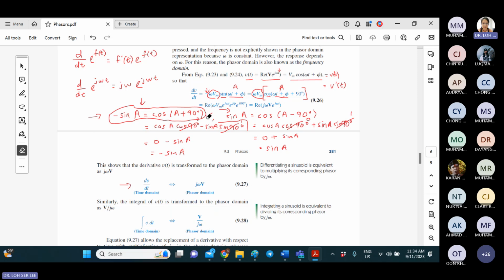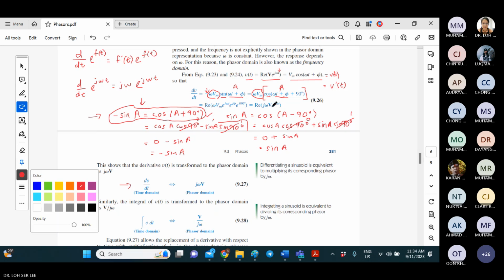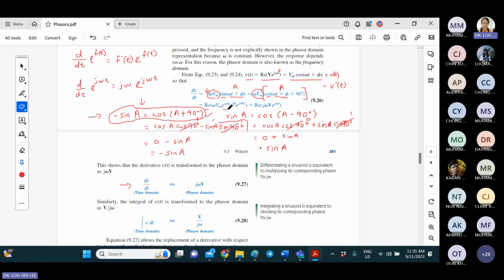Too messy. This function, we can change it into the real part of this one. You have omega t, phi, 90 degrees.